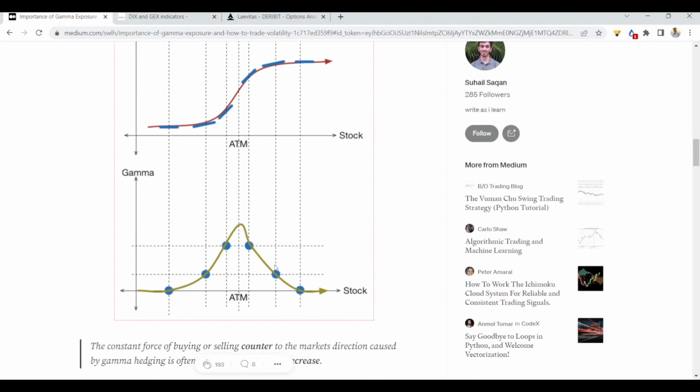That little bit of price move higher is causing gamma, as you can see right here, to get more and more negative, which would require the option dealers to buy more and more calls, to buy more and more Bitcoin futures long, and to buy more and more spot in order to get their gamma back to positive right here.